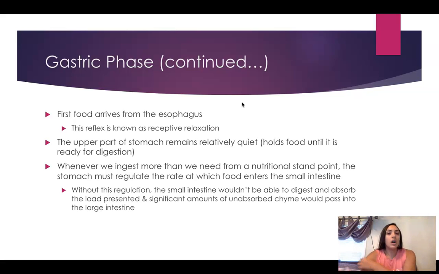That also relates to the metabolism portion of the digestive system, because if you eat and eat until you're nauseated and too full, that's going to mess with your digestive system. The upper part of your stomach is going to hold too much at once, and the unabsorbed chyme is going to pass into the large intestine instead of going through the whole process.